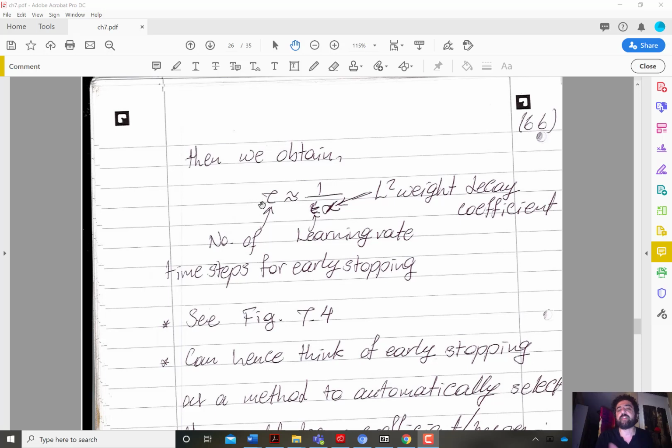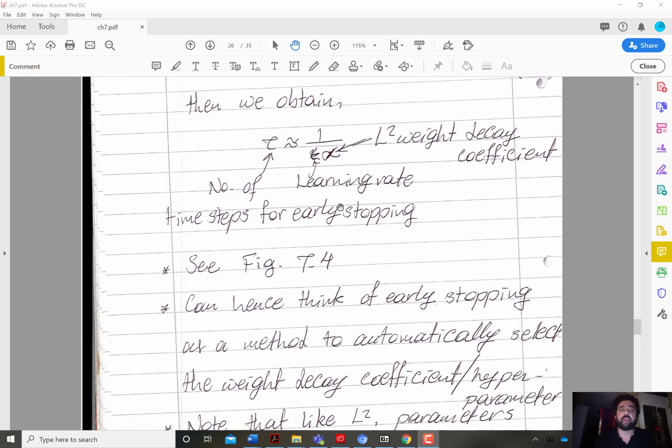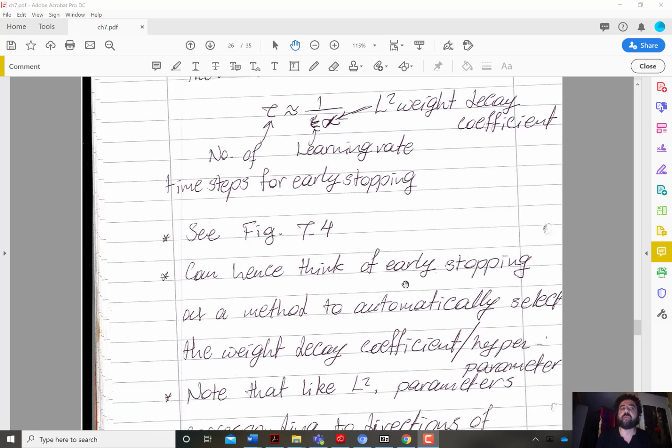So what's the advantage of this? If we know how to do this with L2 regularization, what's the advantage of early stopping? The advantage is that we decide on tau dynamically. In L2 regularization, I have to decide, a priori, what alpha is, right? So this is like an automatic way of hyperparameter selection, where the hyperparameter here is the L2 regularization coefficient.